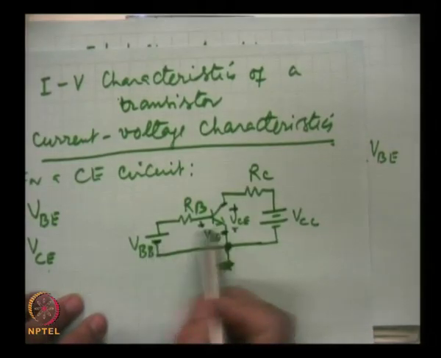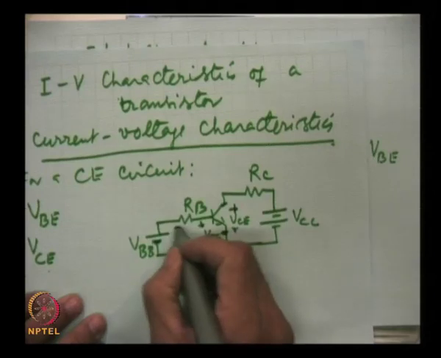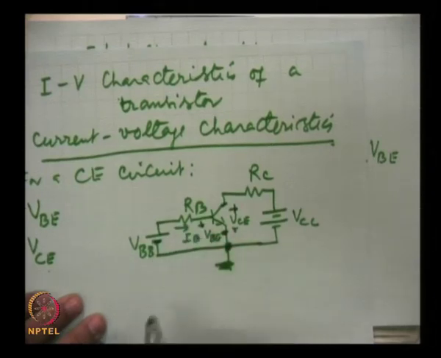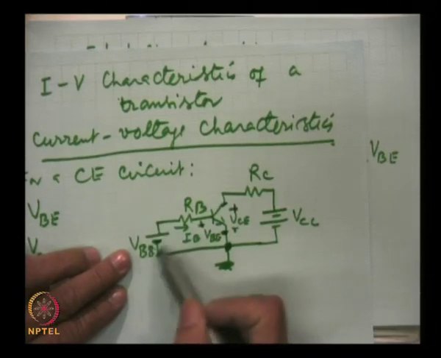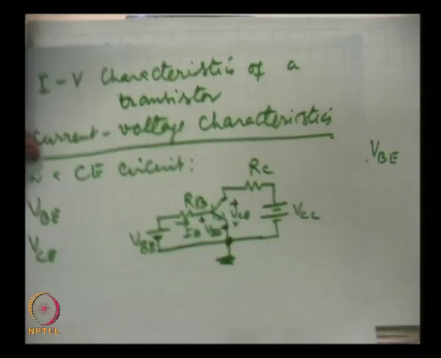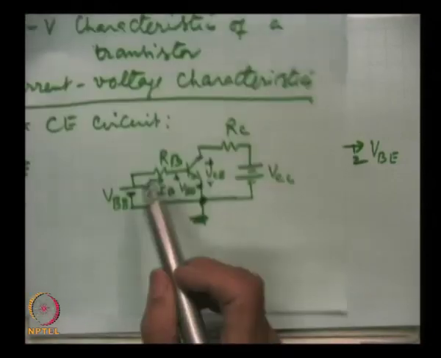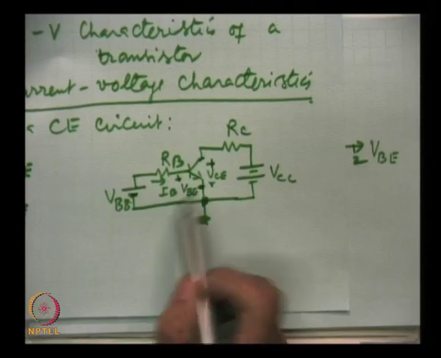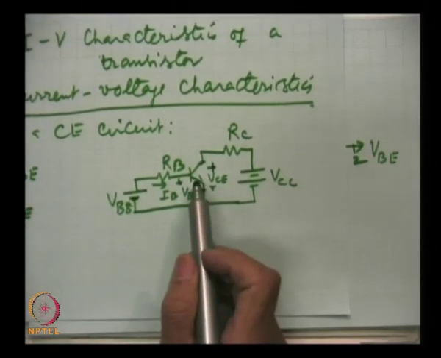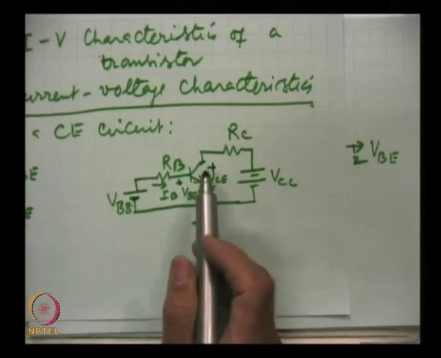we can change the base current IB by changing this voltage, and we can plot. This is simply a forward biased junction. You remember what kind of characteristics we talked about when we talked about the forward bias PN diode.